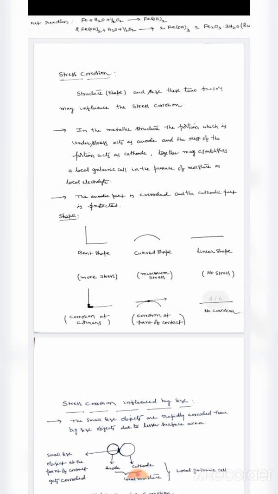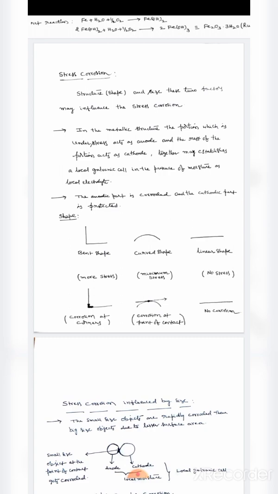And our last type of corrosion is stress corrosion. Structure means shape and size. These two factors may influence the stress corrosion. In a metallic structure, the portion which is under stress acts as anode and the rest of the portion acts as cathode.